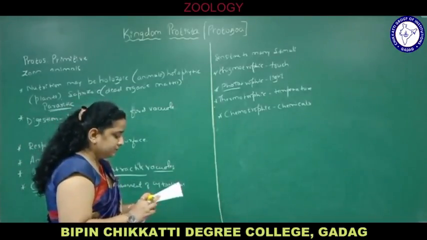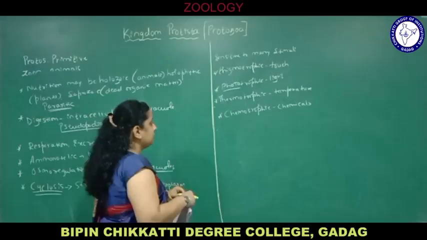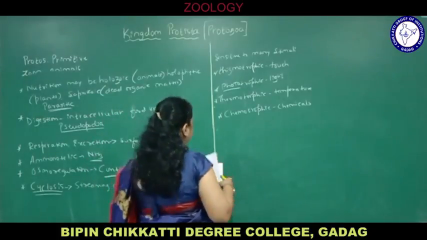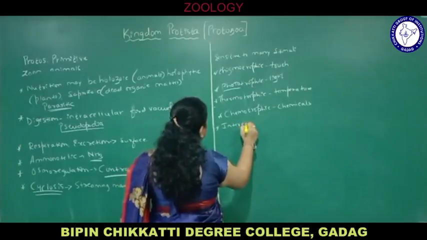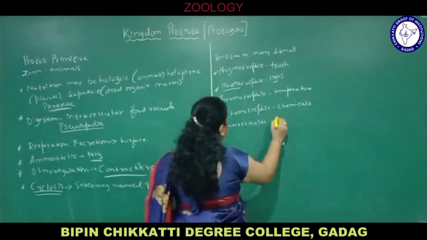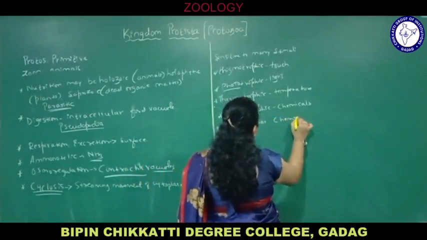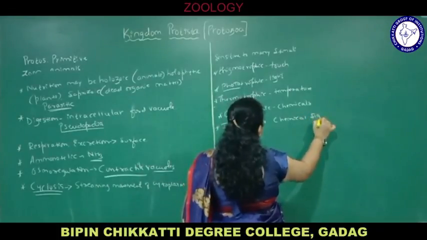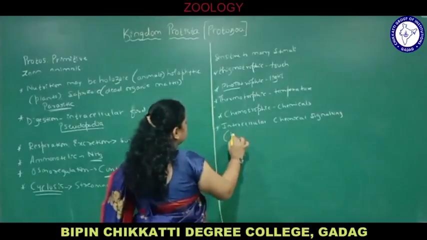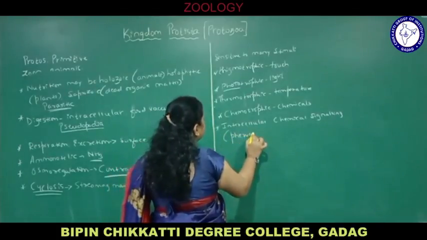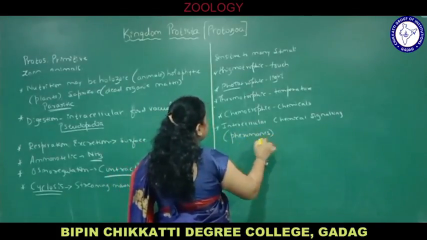Next, coming to intercellular chemical signaling, that is called pheromones. They release certain chemical substances for sexual attraction.